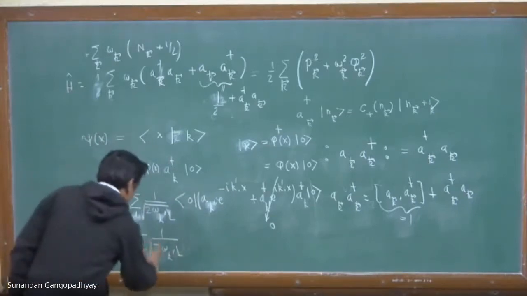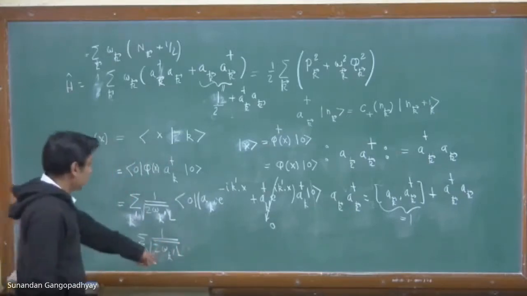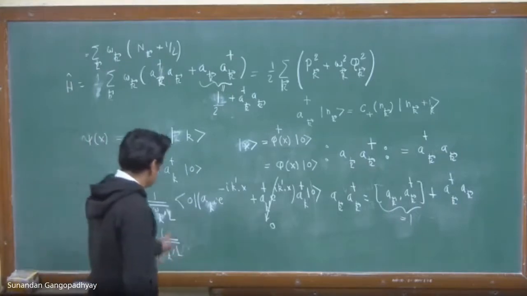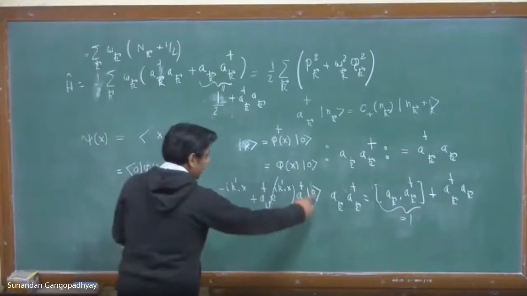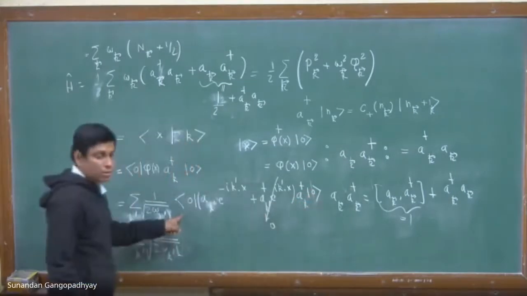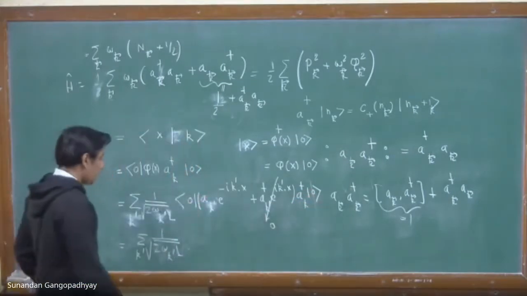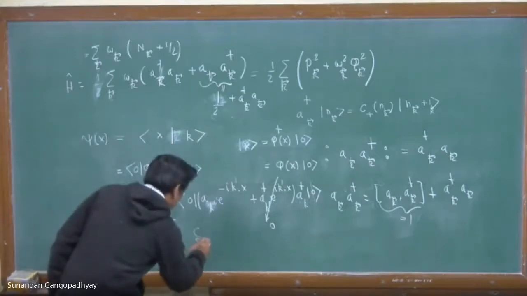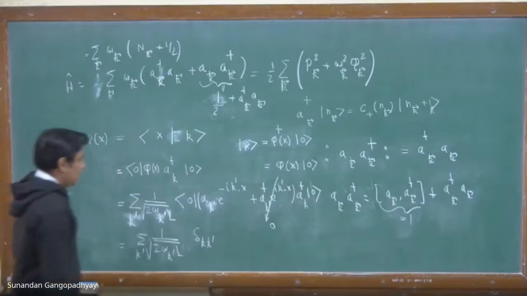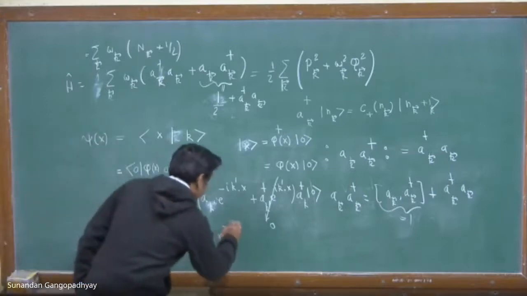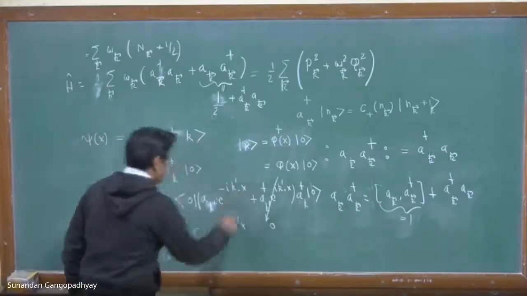Then the term a k prime a dagger k sandwiched between the vacuum states will give us nothing but delta k k prime. And also you will get e to the power of minus i k prime x from this term.